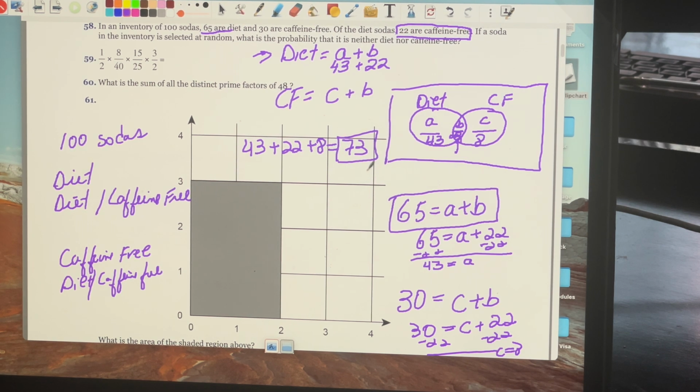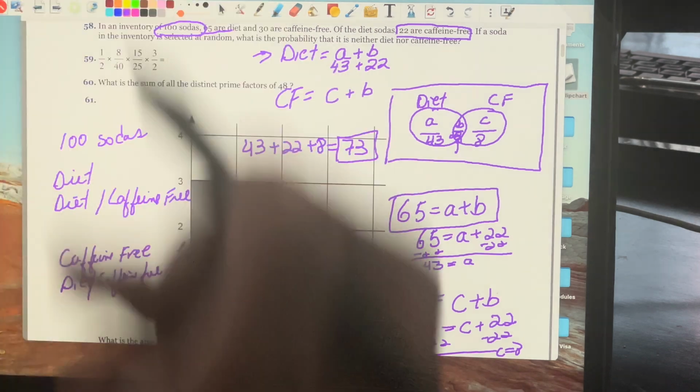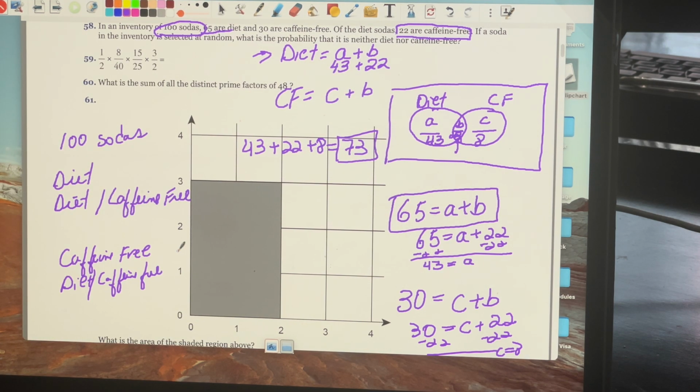Right? Now, that doesn't equal the 100 sodas. So obviously, there are some sodas in this particular universe that are not diet or caffeine free. Okay, there's some other type of soda. So how many of them are there? Well, if you subtract 73 from 100, yes, you're gonna get 27.